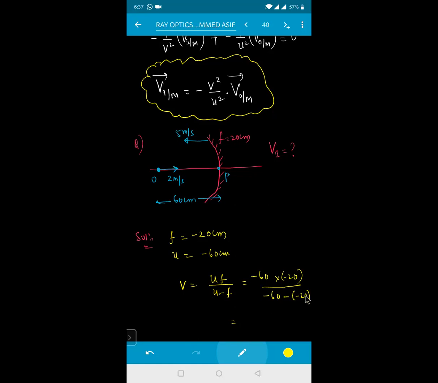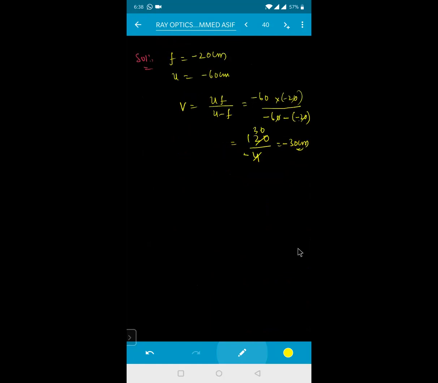So this 0 and this 0 will get cancelled. 60 into 2 is nothing but 120, divided by minus 6 plus 2, which is minus 4. 4 threes are 12, that is nothing but 30. That means this will become minus 30 centimeters. So the image is formed at minus 30 centimeters.